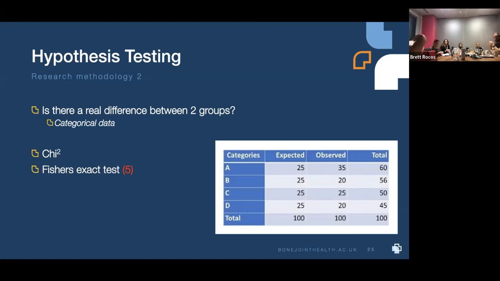Then it compares what it expects to see on your table of male, female, hypertensive, not hypertensive, against what you are seeing. Then it provides you with a chi-squared value, which is meaningless, and then it gives you a p-value, which if it's less than 0.05, you go, yay, there's a real thing. So a chi-squared test is how you analyze categorical data to draw conclusions.